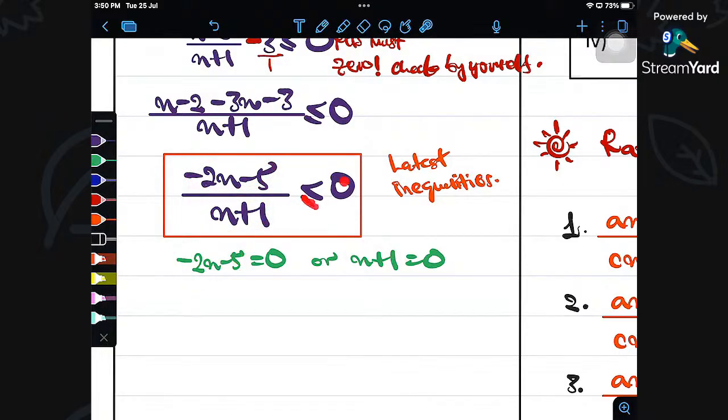Macam tadi, make sure equal to 0. And hence, x is equal to negative 5 over 2. Manakala yang ini pula adalah x equals to negative 1.